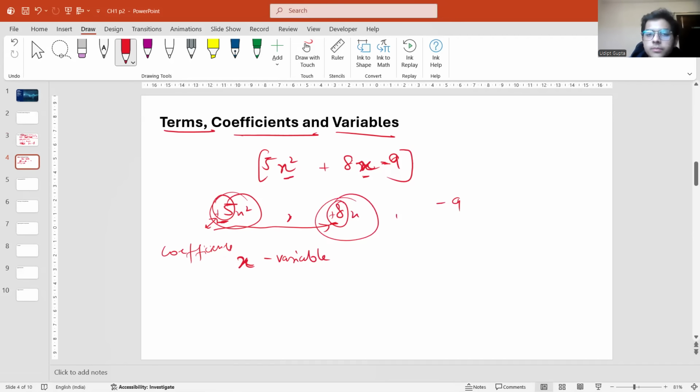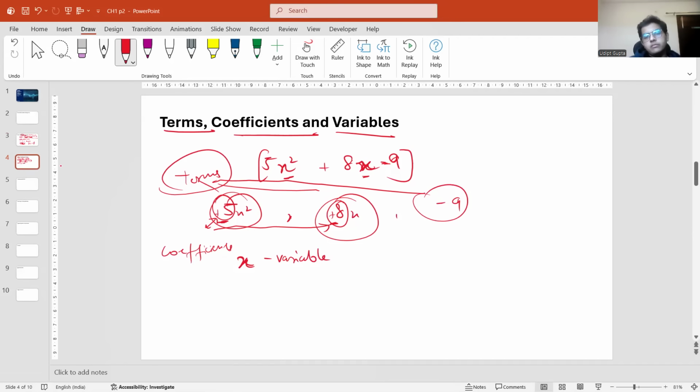These are the terms individually. And the constant, as we have talked about, what is a constant? That is as it is. It has no other value. Minus 9 is the constant. This is an algebraic expression, and this is what it is made up of.